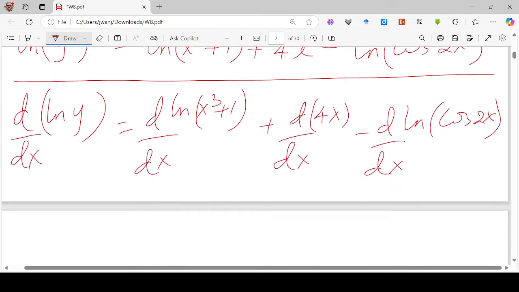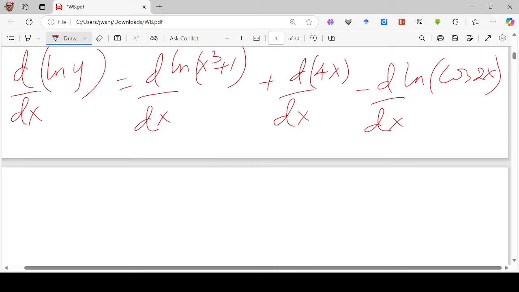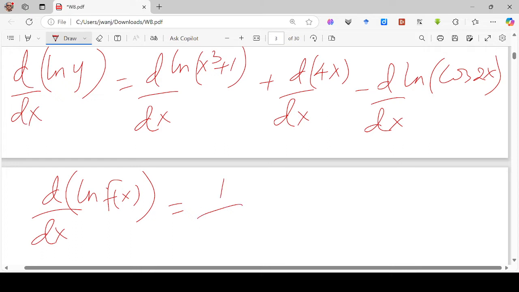So we now use the differentiation rule that we stated, that whenever we have the derivative with respect to x of logarithm of some function, the result is always equal to 1 over f of x d by dx of f of x.